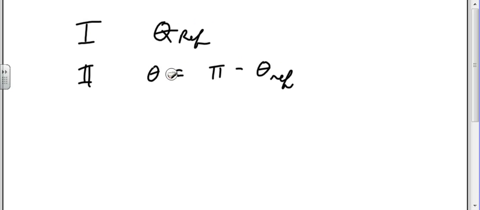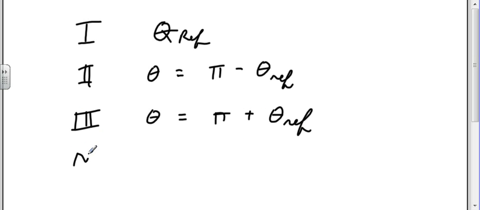In the third quadrant, my angle is pi plus the reference angle. And in the fourth quadrant, my angle is 2 pi minus the reference angle. And that's the way I handle that if I want to think about it in radians, which of course I do because I'm one of those weird type of guys that want to think about that.